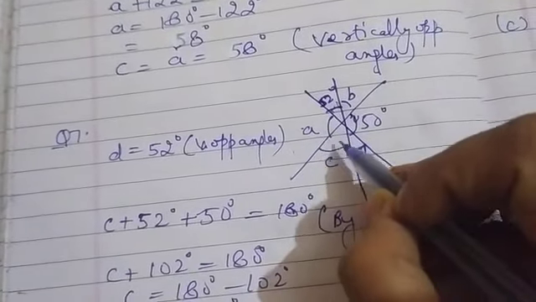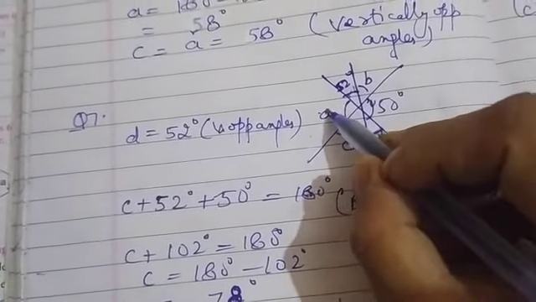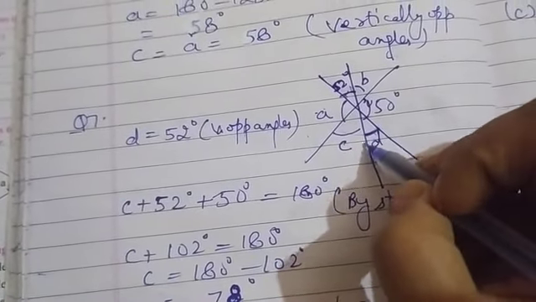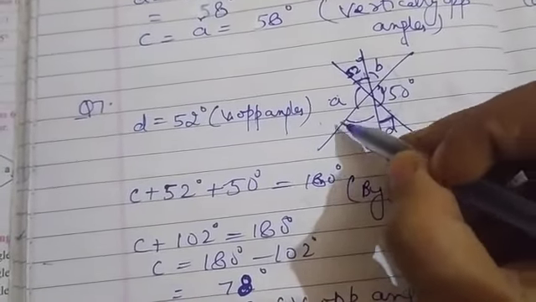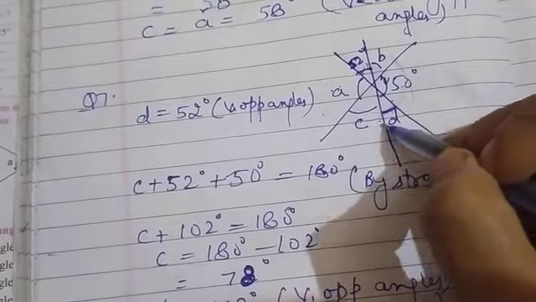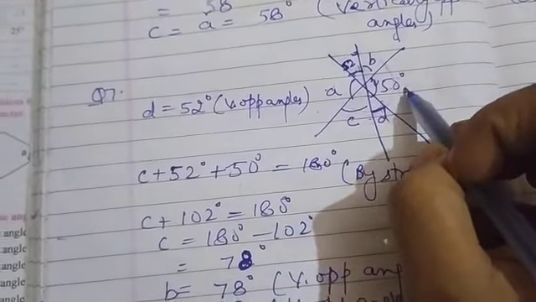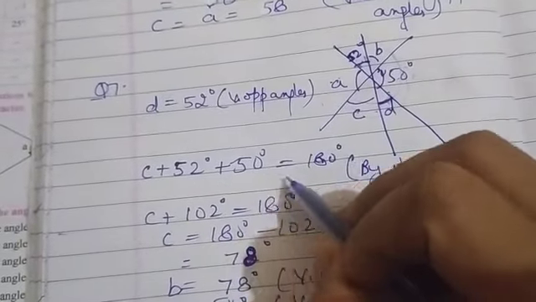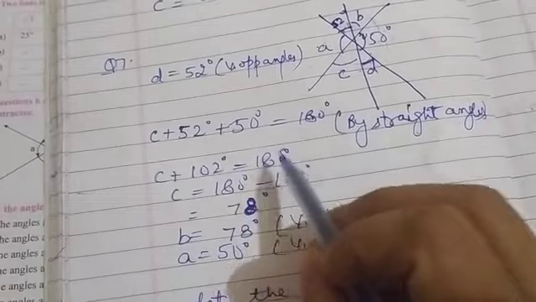Now take this one part, either you can take this or you can take C plus D plus 50 degrees. See, this one part is forming 180 degrees. D is 52, we have calculated, and this is 50. So C plus 52 plus 50 is 180 degrees, by straight angle. So C plus 102 is 180.